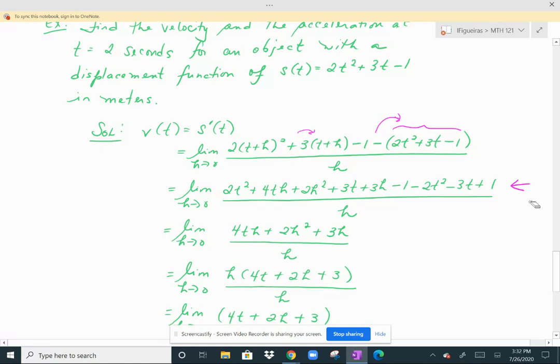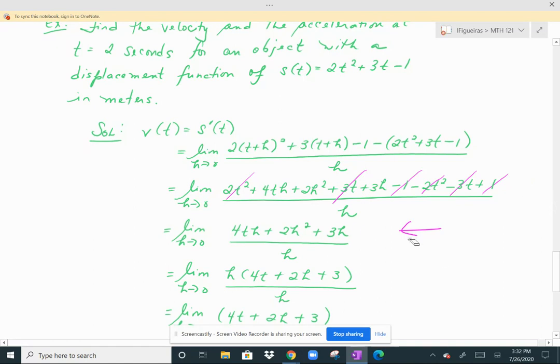So that's everything you see on line 2. And then from line 2 to line 3, I combined like terms. So the 2t squareds, well, they cancel. The 3t's, they cancel. The 1's cancel. And I'm left with 4th plus 2h squared plus 3h over h.